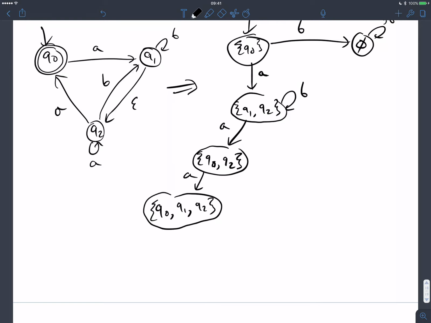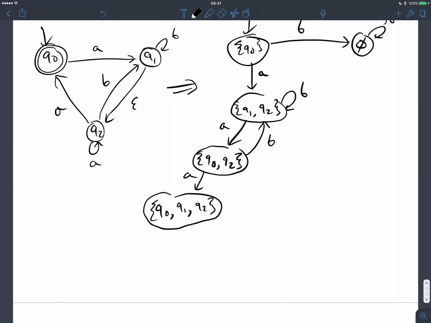Q0, Q2 on B, where do I go? Q0 goes to where on B? Nowhere. Where does Q2 go on B? Q1. What is the epsilon closure of Q1? Q1, Q2. So I come back to Q1, Q2.